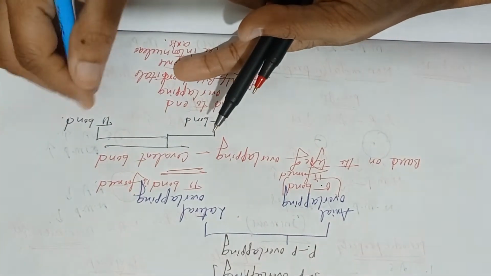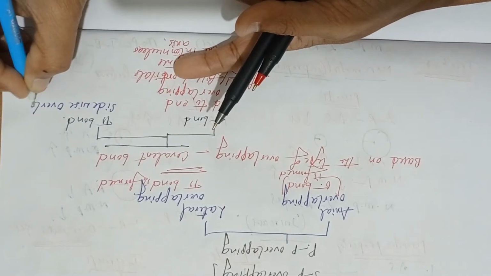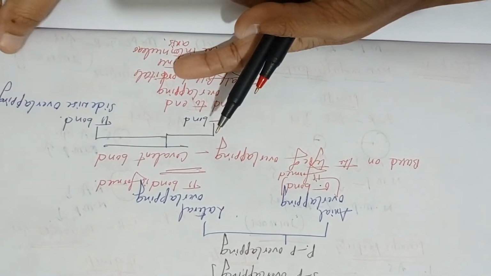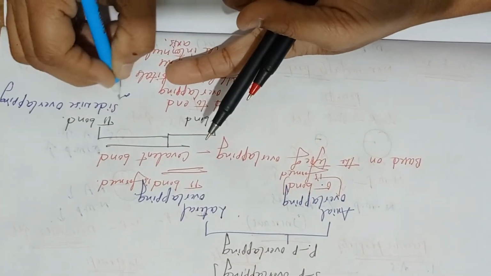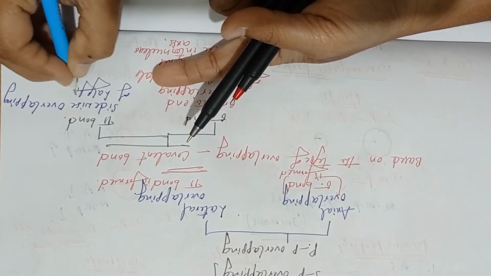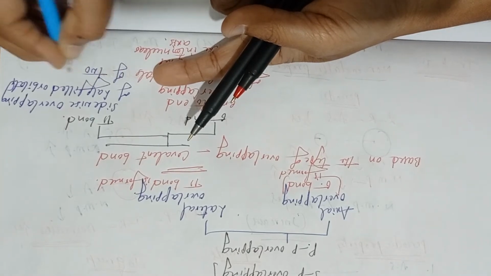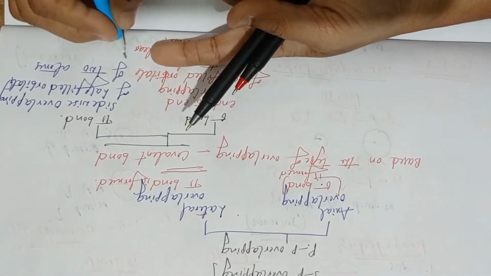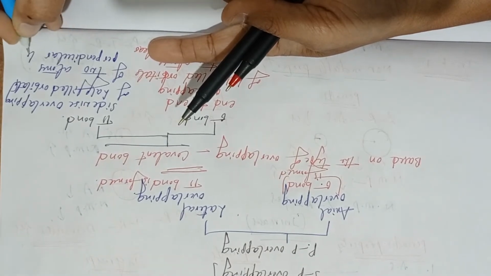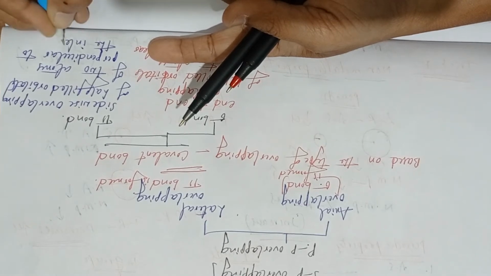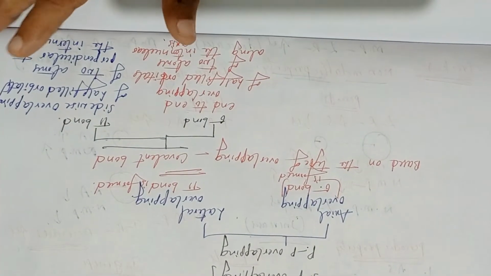Pi bond is obtained by the sidewise overlapping of half-filled orbitals of two atoms perpendicular to the internuclear axis. This is the pi bond.